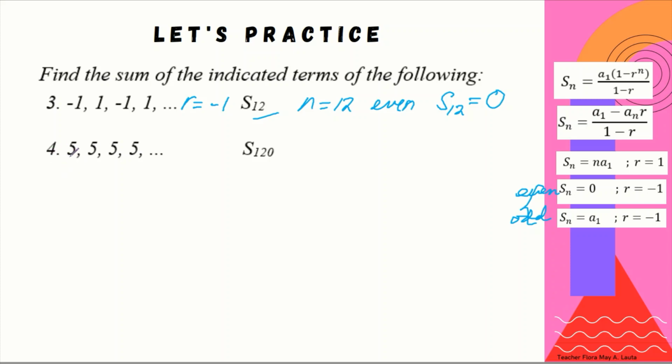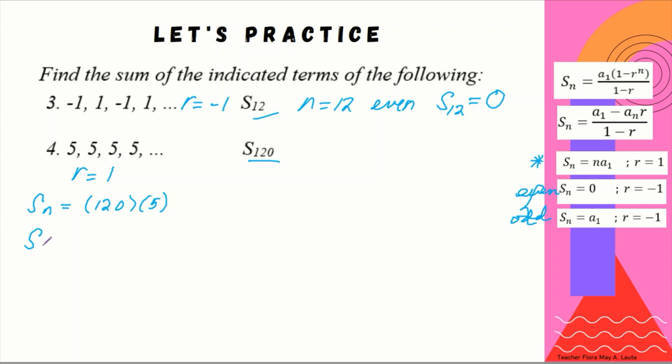Sorry. 5, 5, 5, 5, 5. And we need to find the sum of the first 120 terms. So 5, 5, 5, 5. Our r is positive 1. So when r is positive 1, we do this. S sub n is equal to n, which is 120, times a sub 1, which is 5.